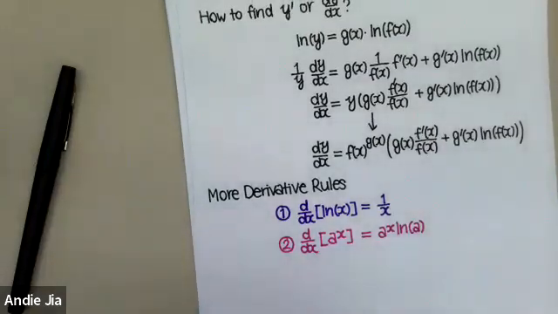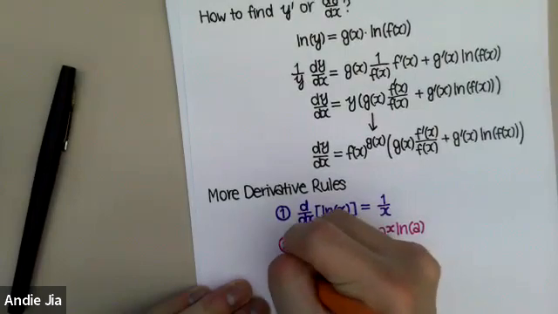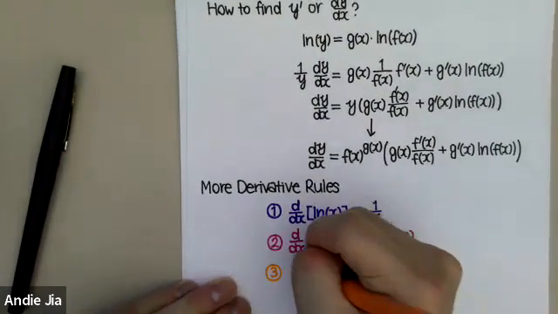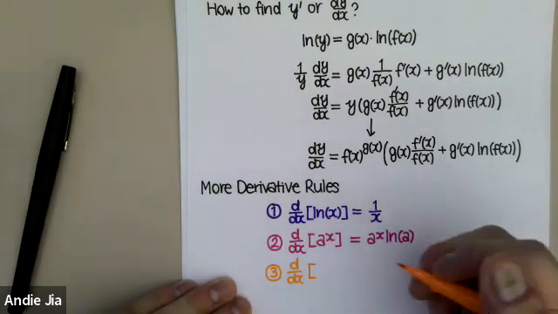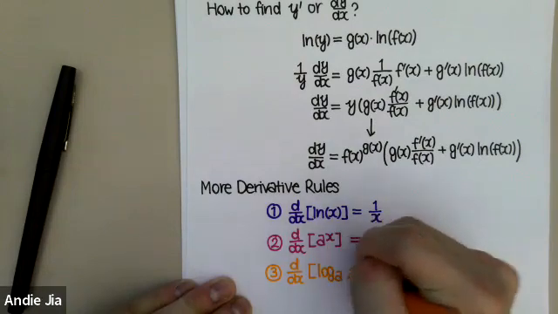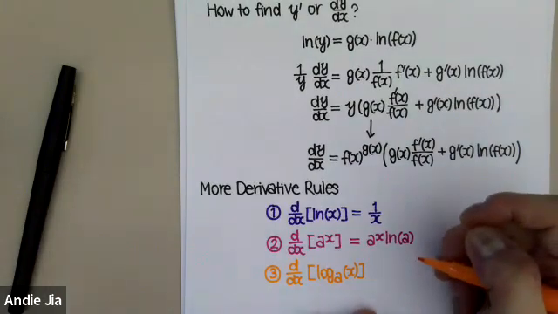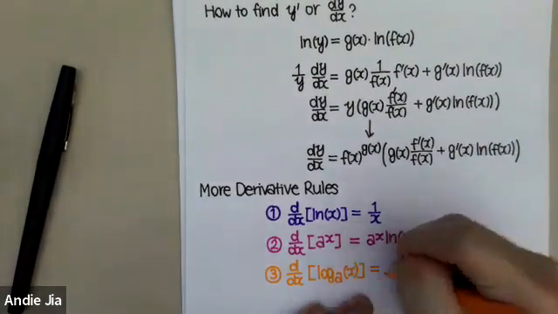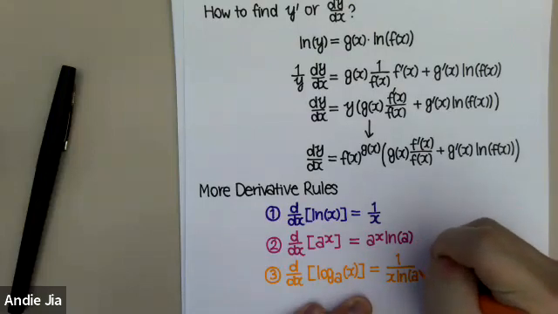And then the logarithm: d/dx of log base a of x is 1 over x times natural log of a.